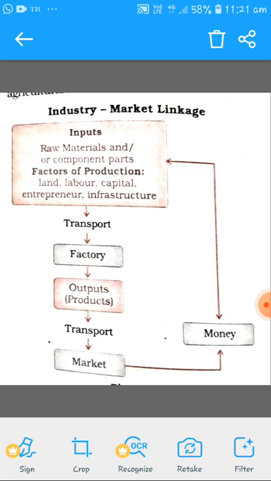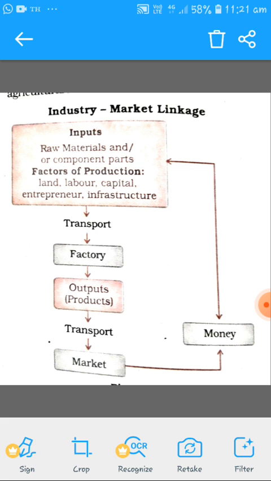All these need to be transported to the factory, and the factory produces a commodity, which is called output. The output is transported to the market, from the market you get money, and from that money you purchase inputs further.